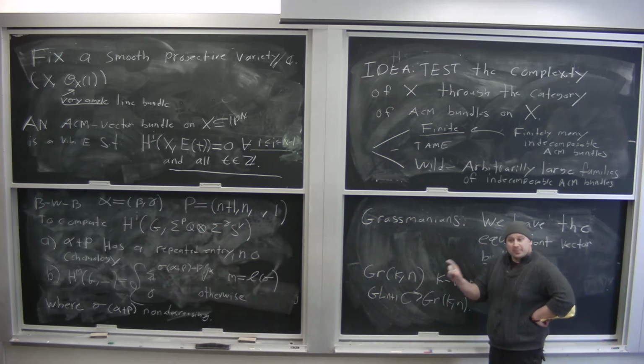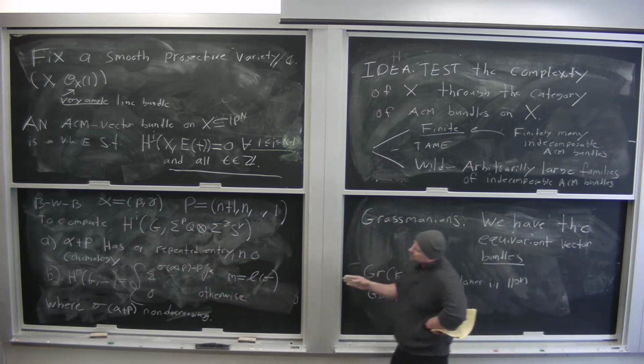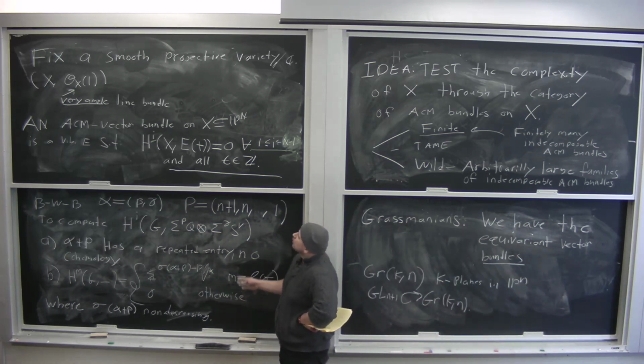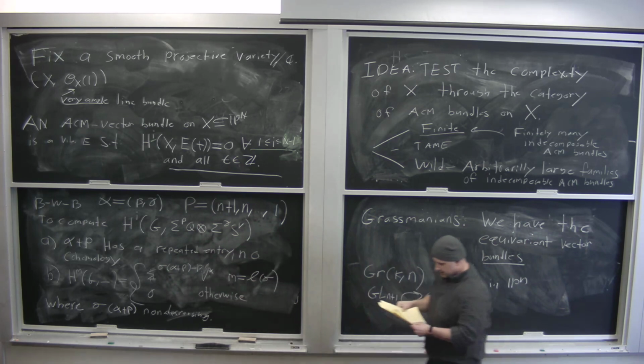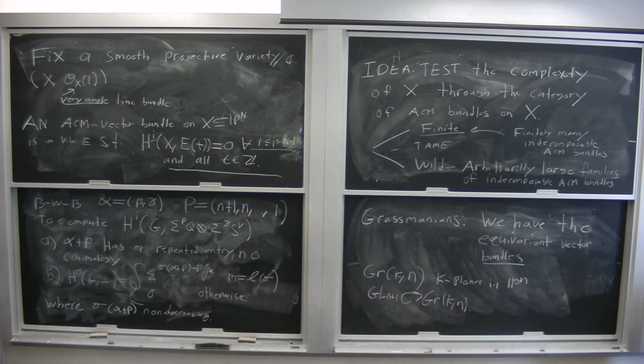They may or may not be ACM vector bundles; this is just computing the cohomology. And we want to now use this to determine when this is true. That is the idea. Any questions here?